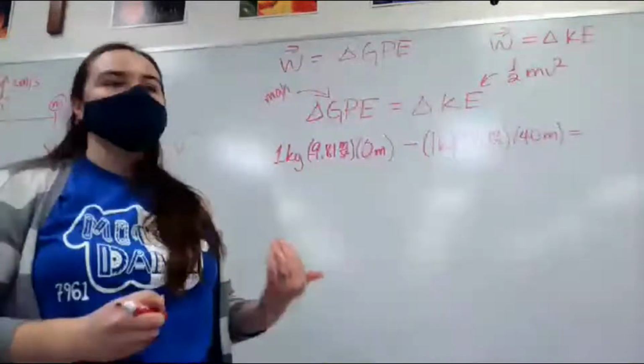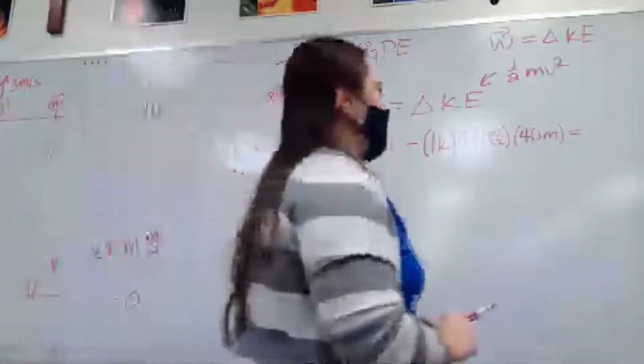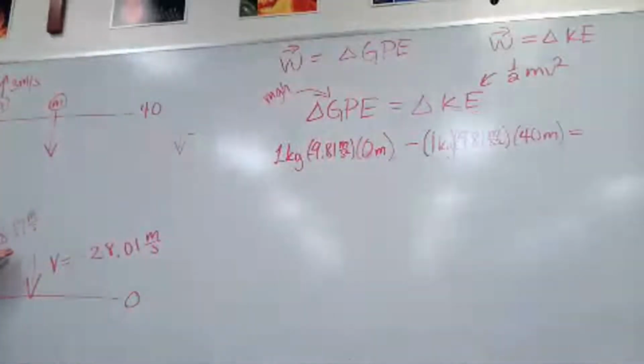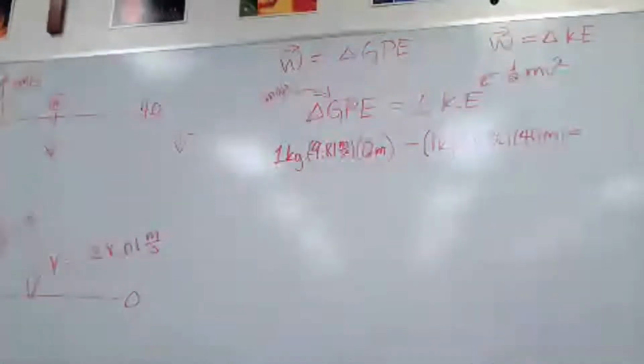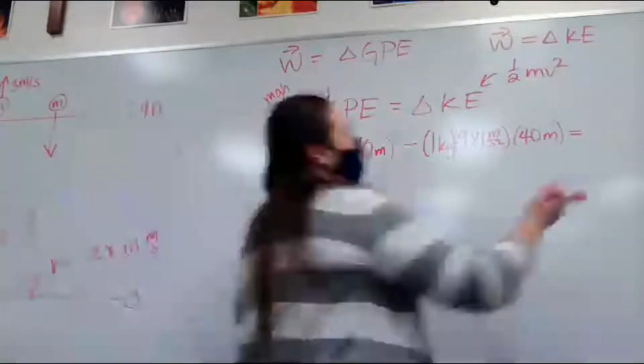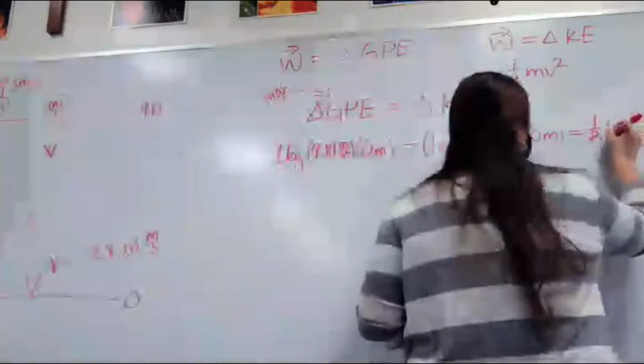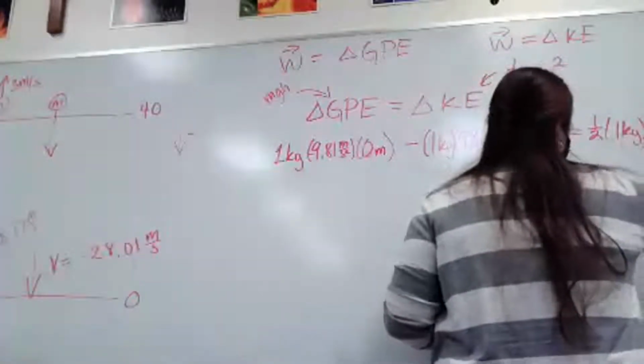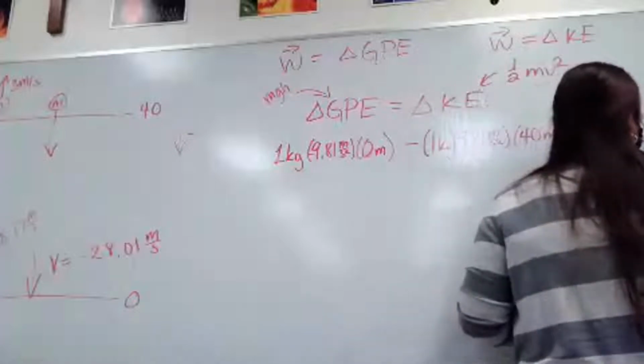Now, the kinetic energy, which is 1/2 mv squared. Our final one, if we hadn't already solved for this, we're going to pretend we didn't. We wouldn't know our velocity at the end, so we would have 1/2 times our mass in kilograms times our final velocity, which is what we're looking for.